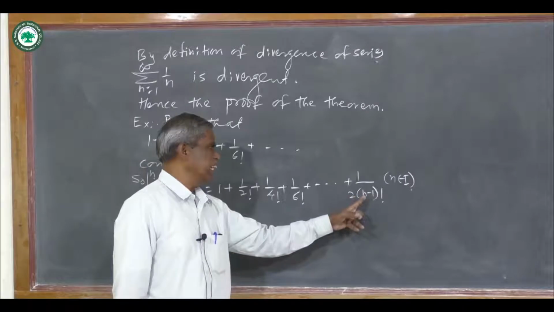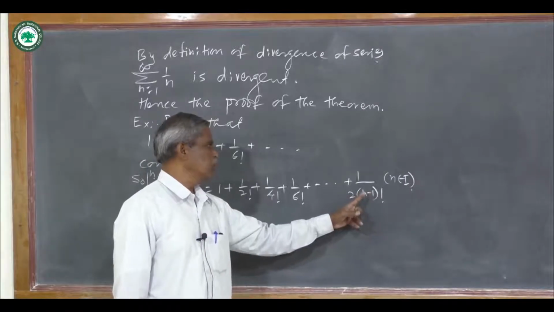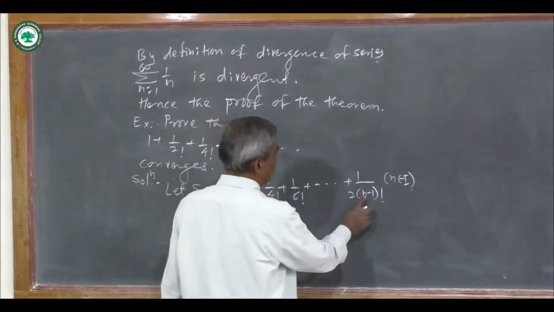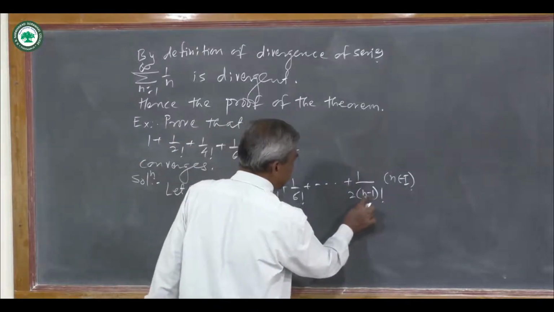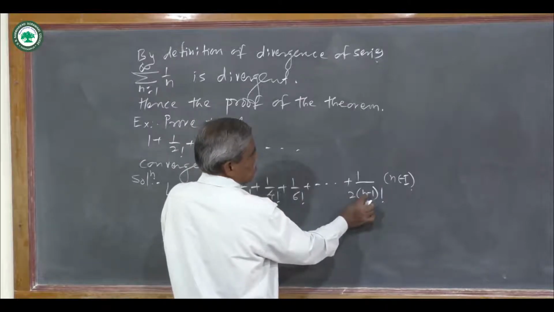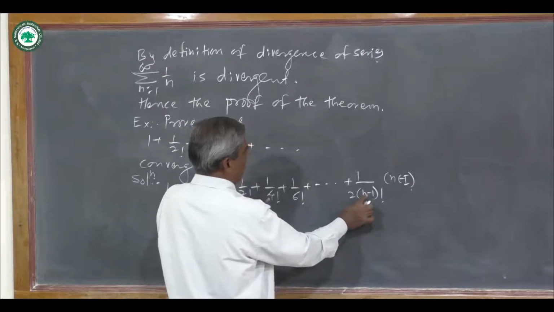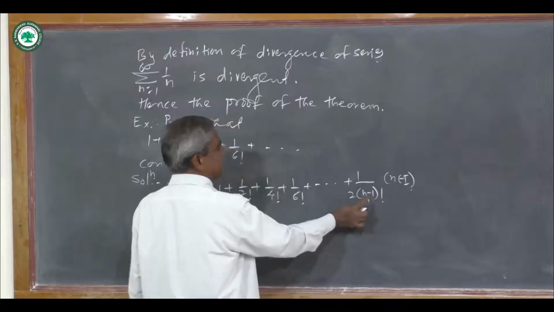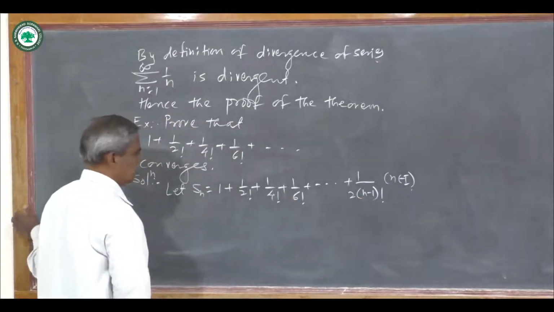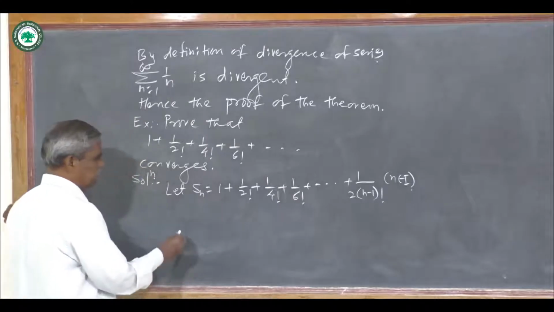If we put 4, 4 minus 1 is 3, 3 into 2 is 6 factorial, and so on. This is S suffix n.